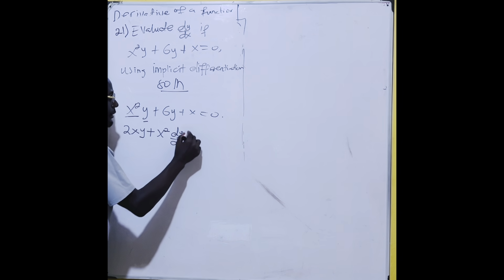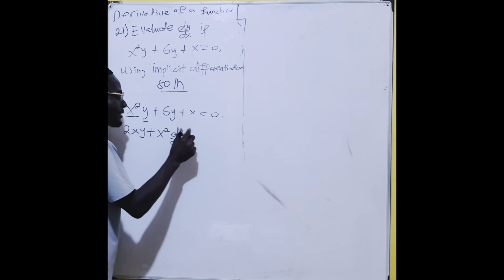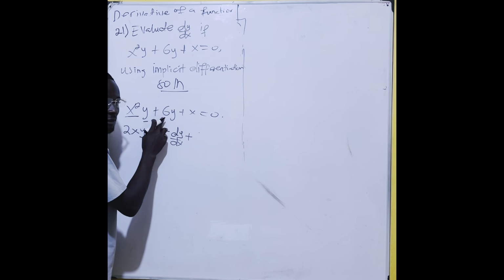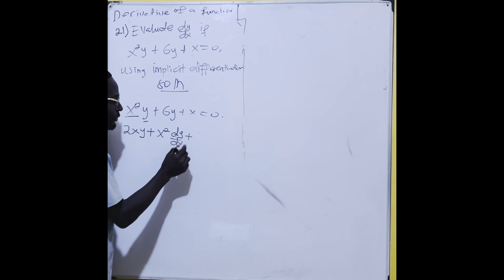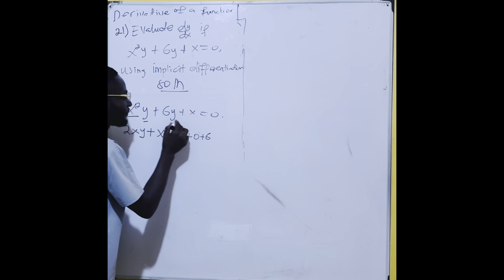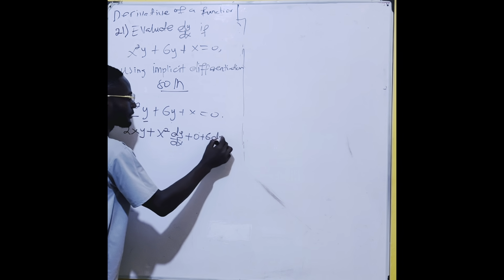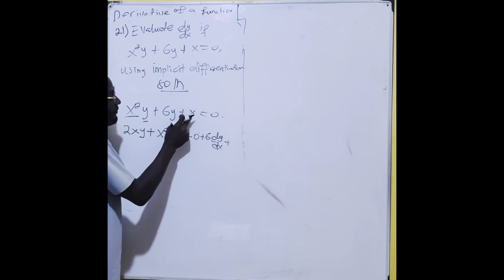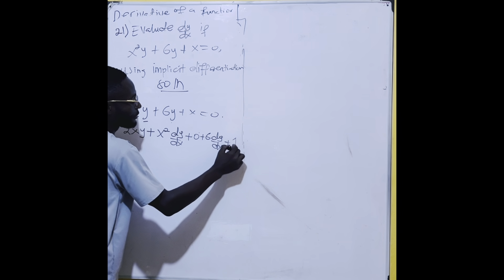then you differentiate y, and that is dy dx, plus 6, it differentiates 6, and that becomes 0. 0 times y is 0. So you have 0 plus, maintain 6, then differentiate y, that becomes dy dx, plus differentiate x, and that becomes 1.